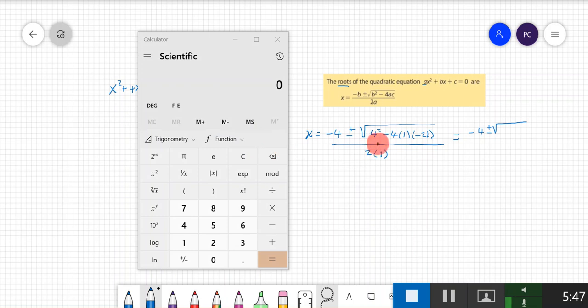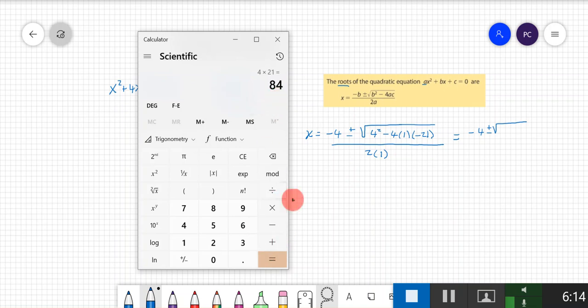So for example, we'll do this part here: minus 4 multiplied by 1 multiplied by minus 21. Minus 4 by minus 21 gives us a plus. So 4 multiplied by 21 is equal to 84. Then 1 multiplied by 84 is just 84. So this here will be plus 84.